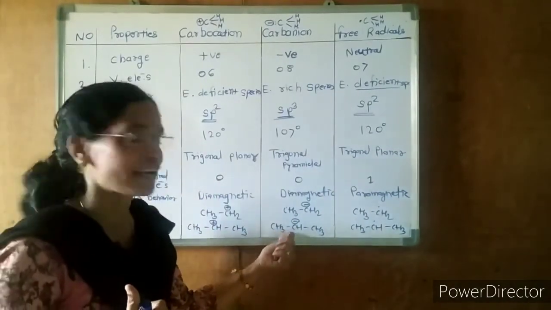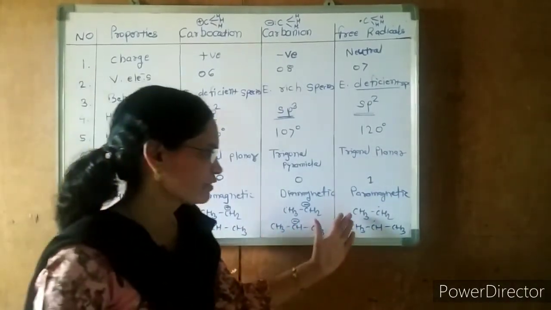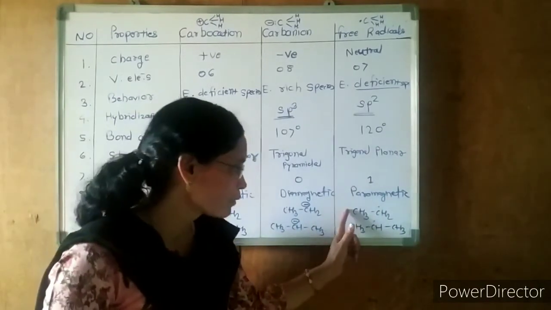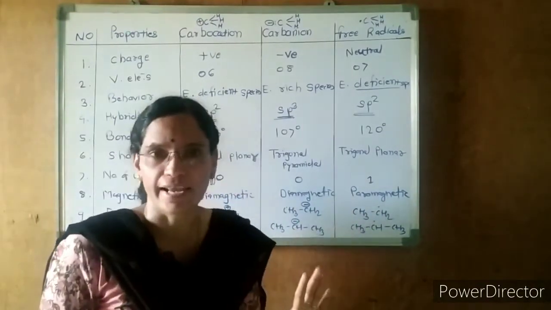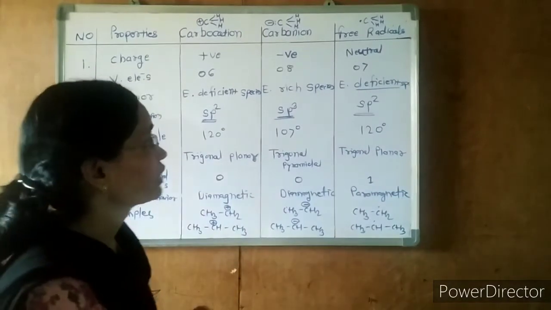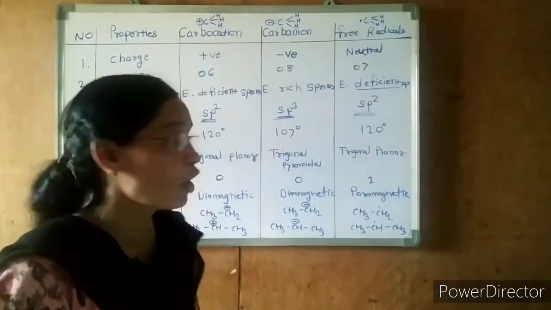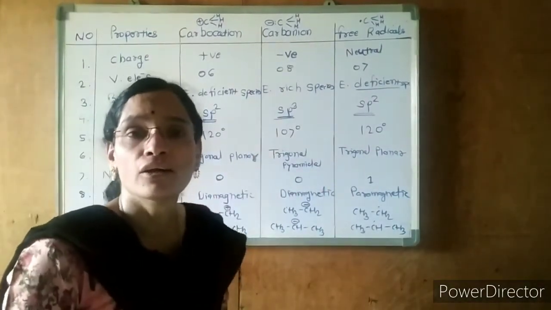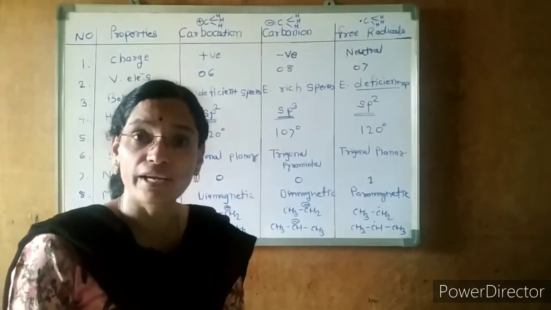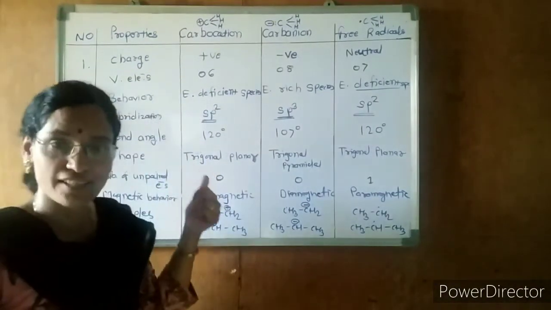And the same applies to free radicals also: primary free radical, secondary free radical, etc. In this way we discussed all the properties of the carbocation, carbanion and free radical at a glance.